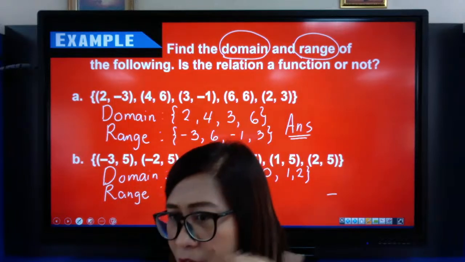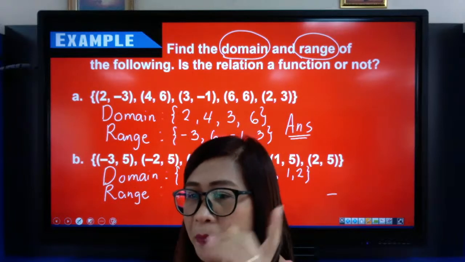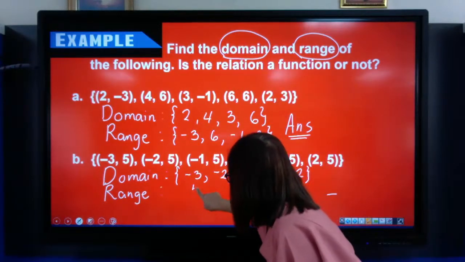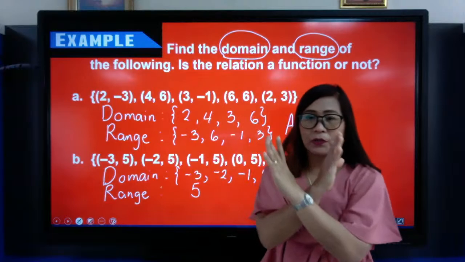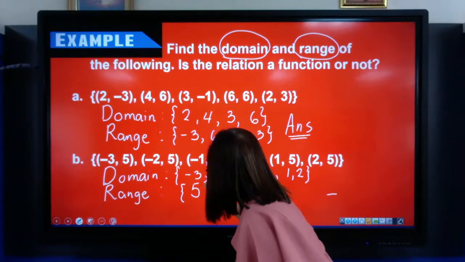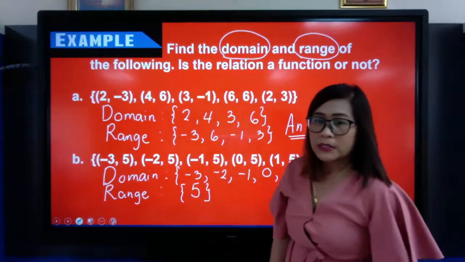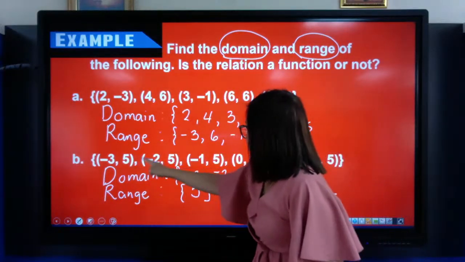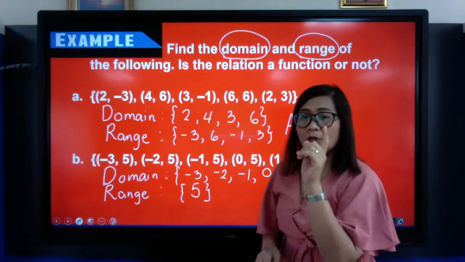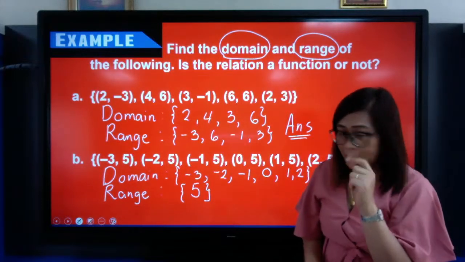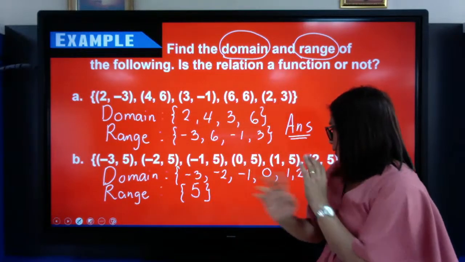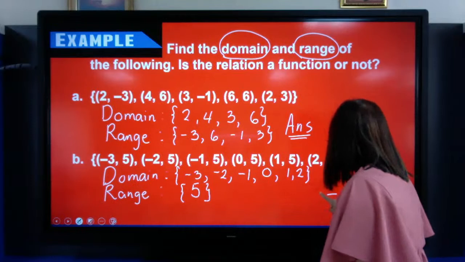Room 2, number 19, wrong. If your answer is 5, students, it's wrong. It should be inside the set, open and close. Write only 5 one time and put it inside the set. Otherwise, it's wrong.